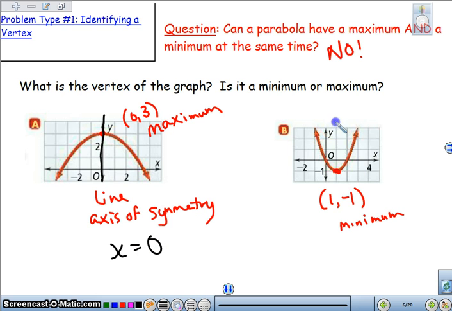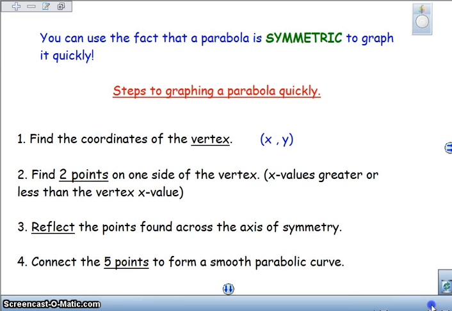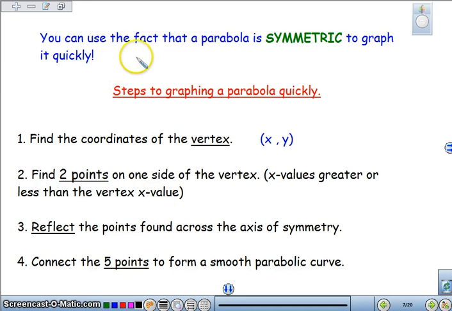In this other graph, our line for the axis of symmetry would be that x is equal to 1. The vertex is always on the axis of symmetry. That's always kind of a nice thing, as we can use these facts about a parabola, and it's always going to be symmetric.